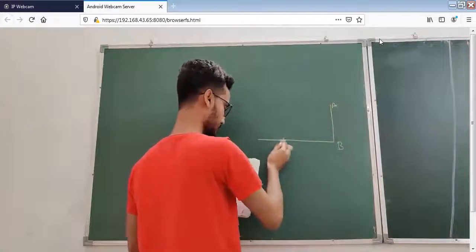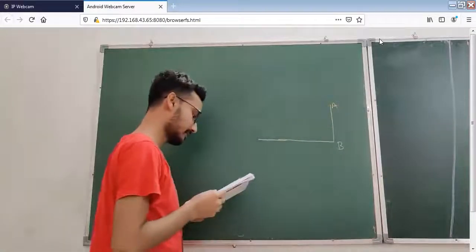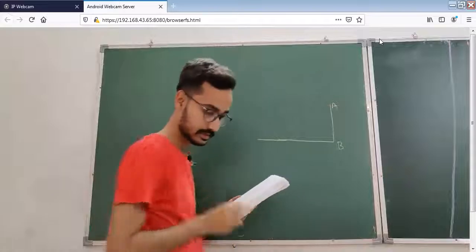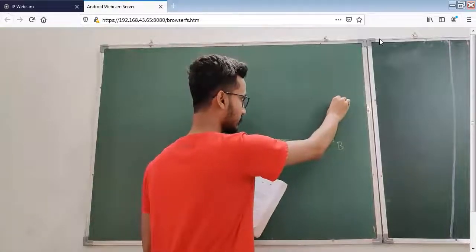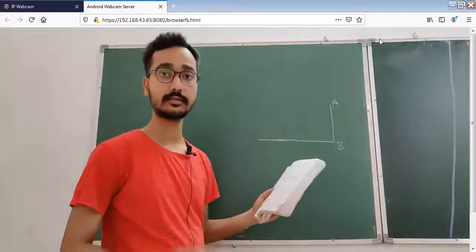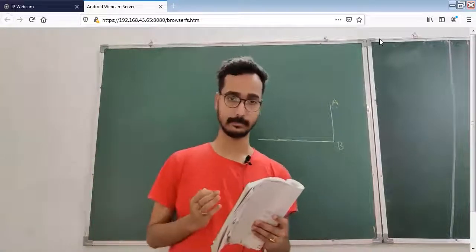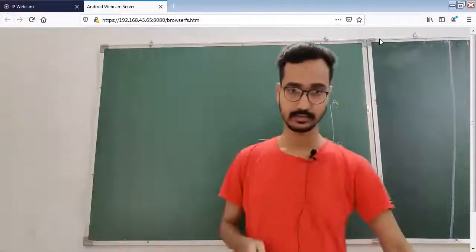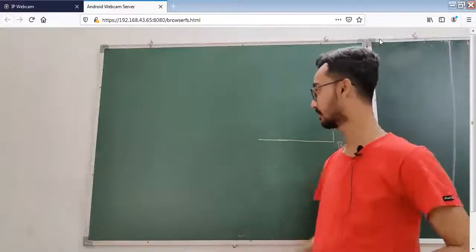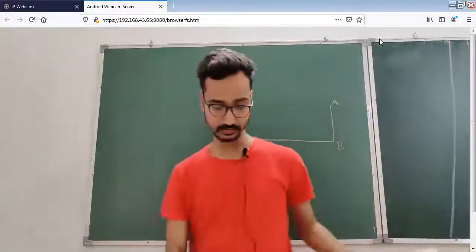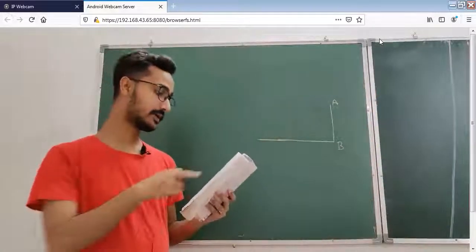Suppose AB is the tower, and a straight highway leads to the foot of the tower. Suppose this is the foot of the tower and this is the top. A is the top of the tower and B is the foot of the tower. Is that clear?